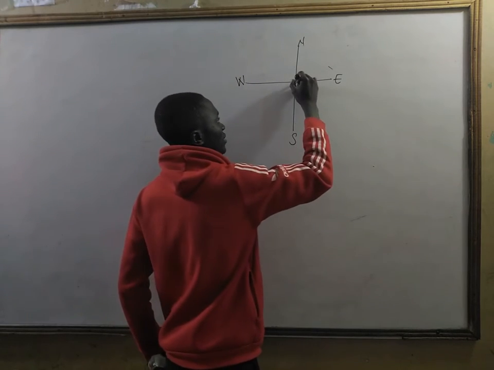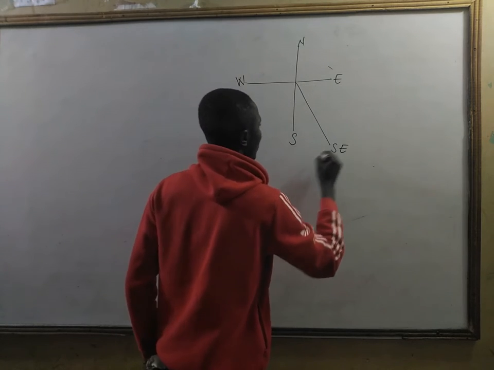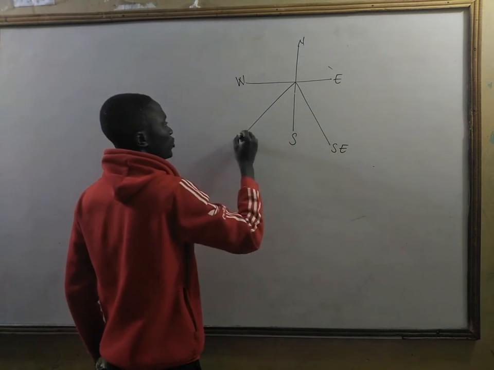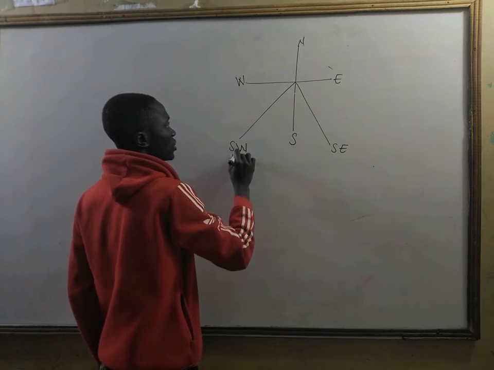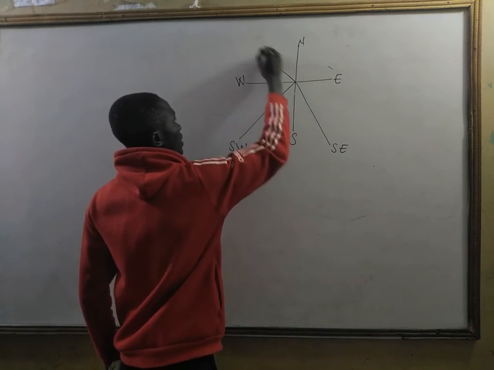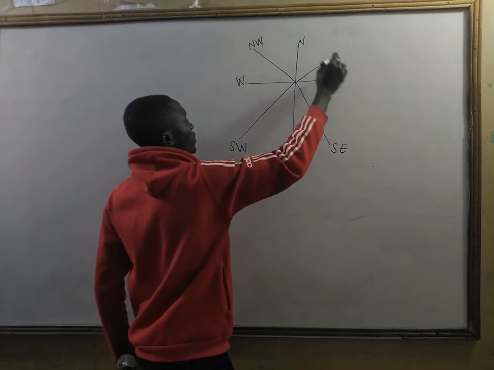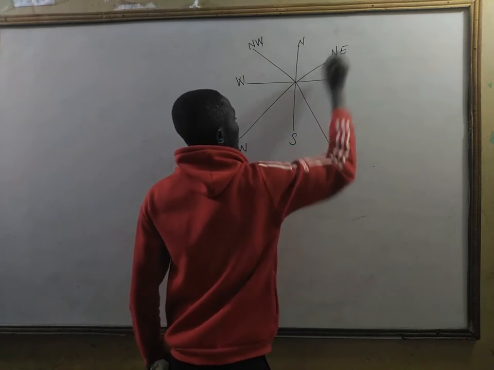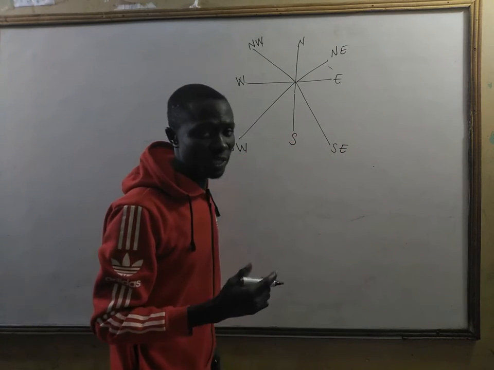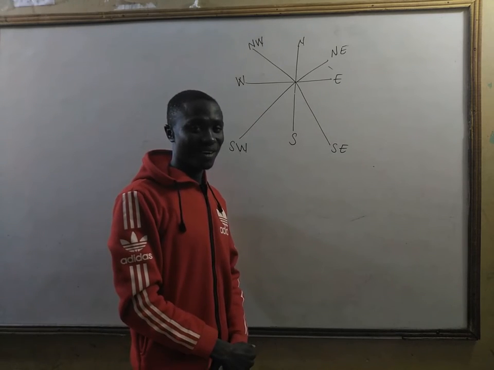Between south and east, we have southeast. Between south and west, we have southwest. We don't have west-south. Between north and west, we have northwest. Between north and east, we have northeast.